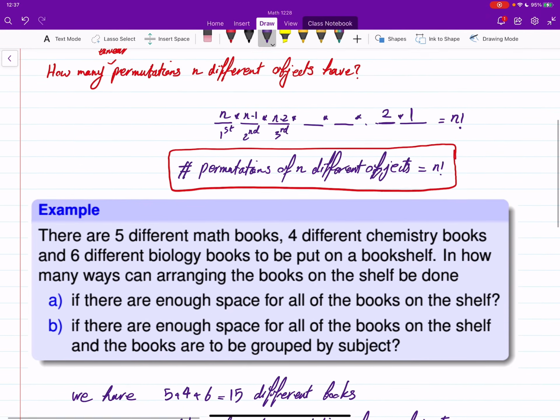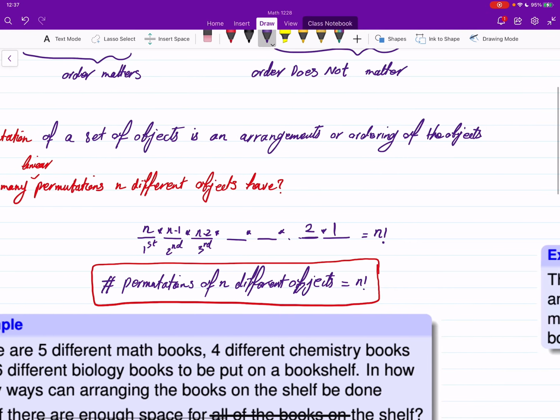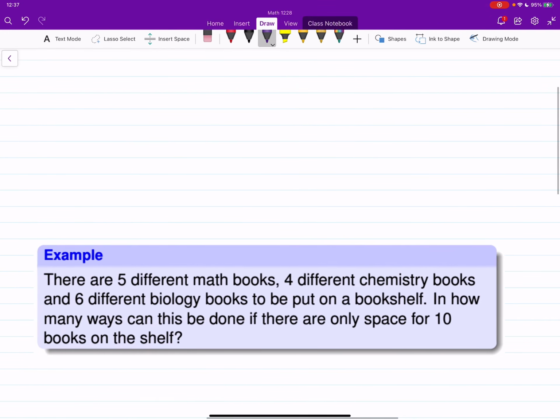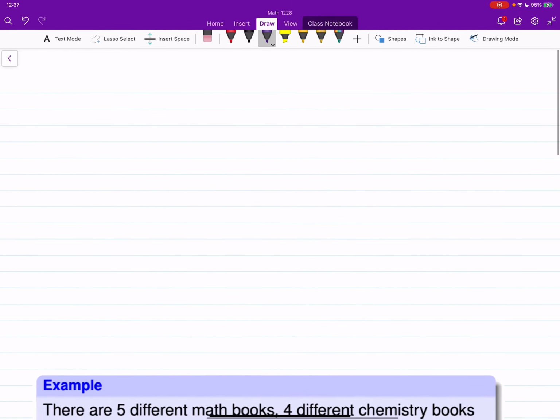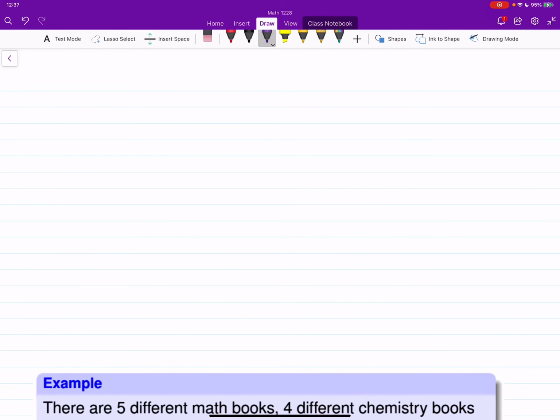So what we learned here was that we had n objects and we form a line or an ordering of all n objects. What if we have n objects and want permutations of k objects out of n different objects?